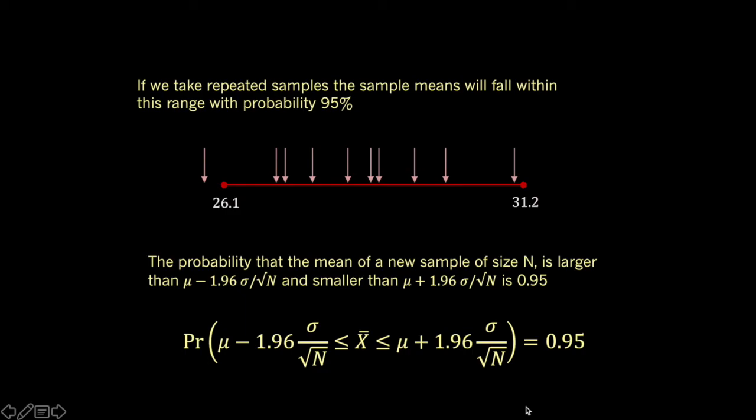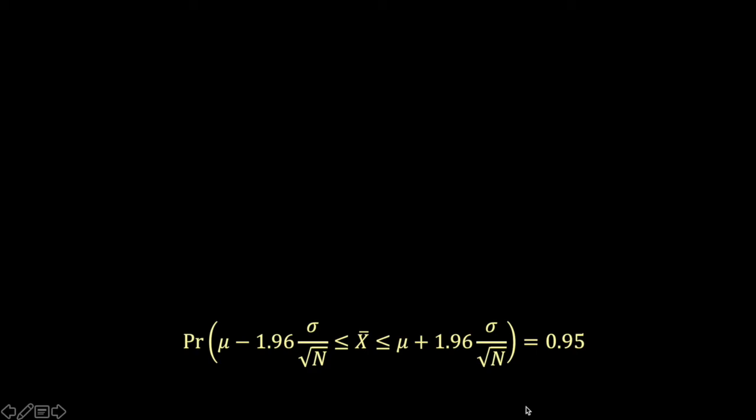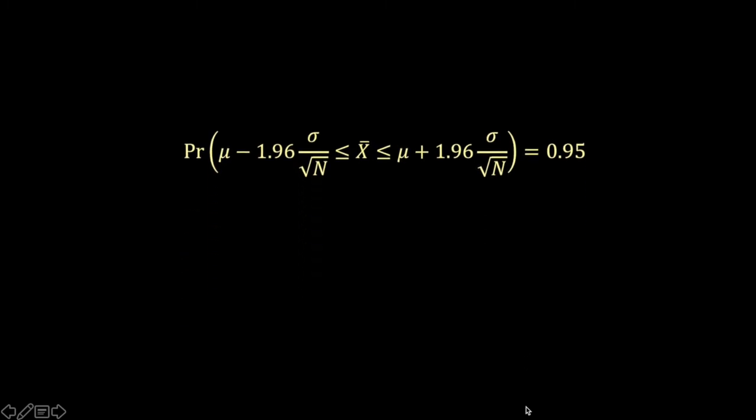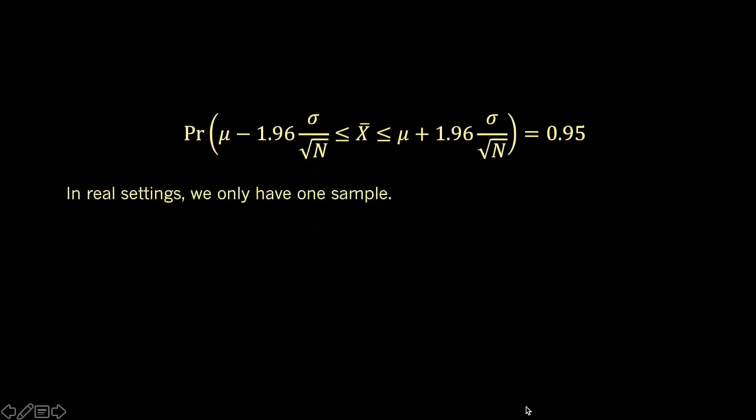If you ever studied confidence intervals, this looks similar, but we're not quite there. This is not a confidence interval yet. This is just a statement about the distribution of the mean. Now, what is the issue? In real settings, we cannot take sample after sample. We only have one sample.